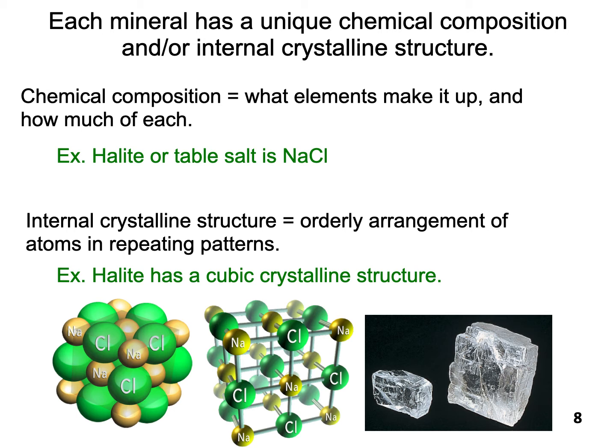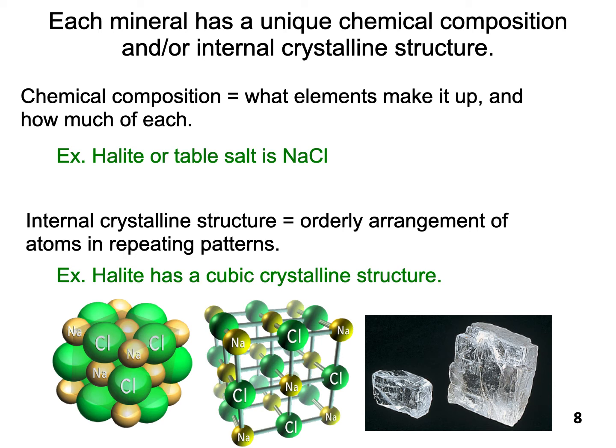For our example of halite, again, it's always sodium and chlorine bonded together in that same ratio of 1 of each atom in sort of a unit. It also has that internal crystalline or highly organized structure, and it's always repeating those atoms over and over in this pattern that looks like a square or a cube.